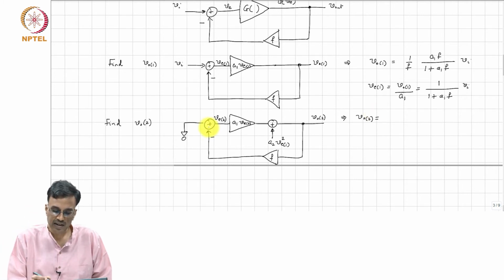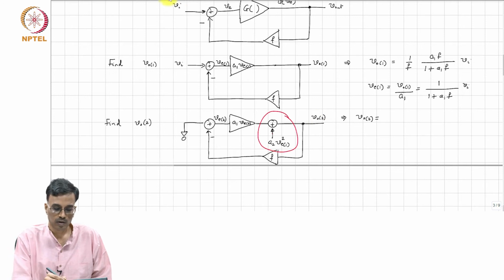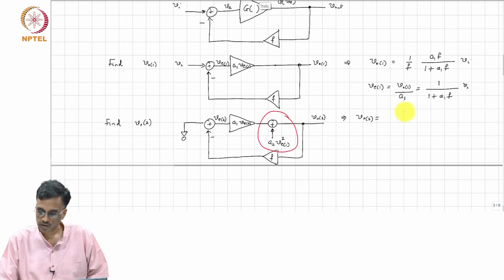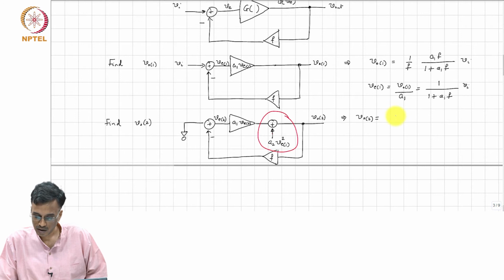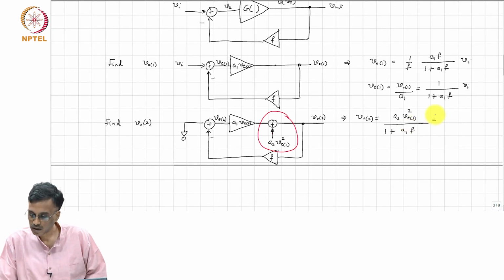I mean, this is a linear feedback loop and you are adding some error here. So, what is the transfer function from there to the output? That input into 1 by 1 plus A1. So, this is nothing but A2 VE1 square by 1 plus A1F, right, and what is that?